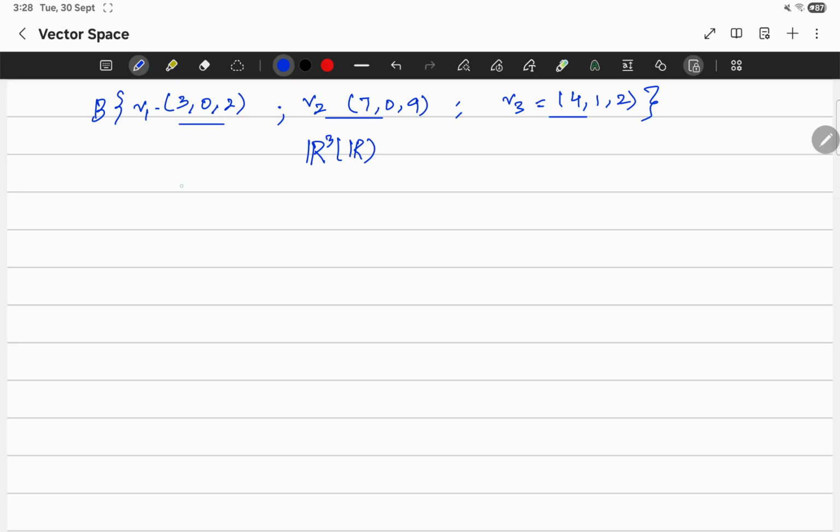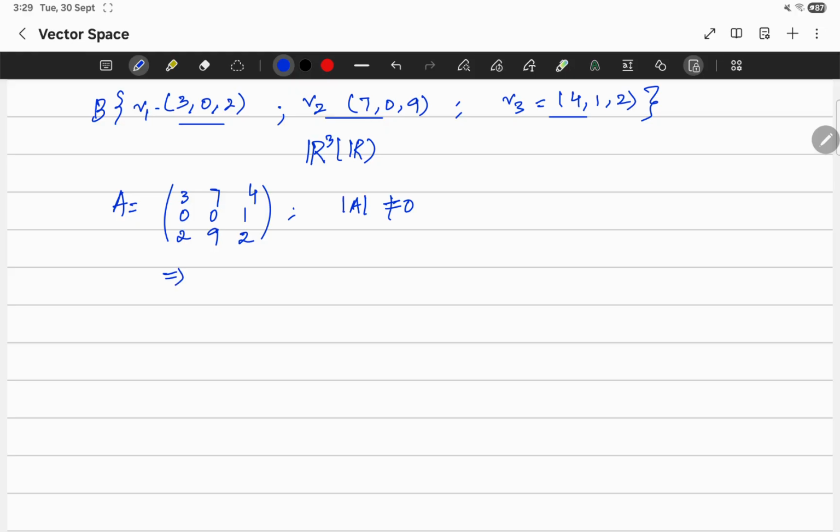You can also check the span as well. So for the 3 cross 3 matrix, take the matrix A to be 3 0 2, 7 0 9, 4 1 2. If you check, the determinant of A is not equal to 0.